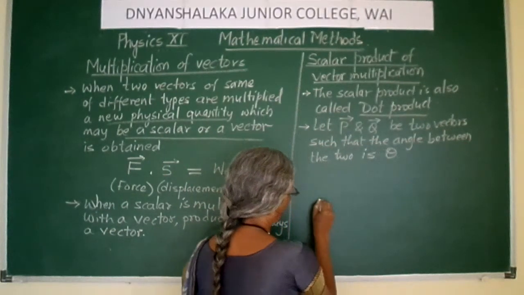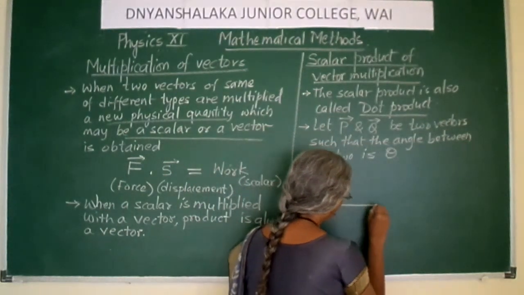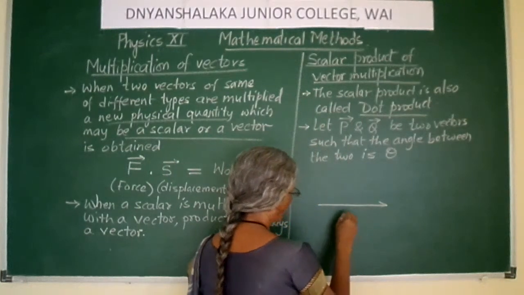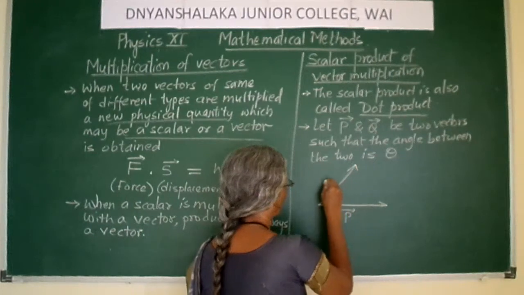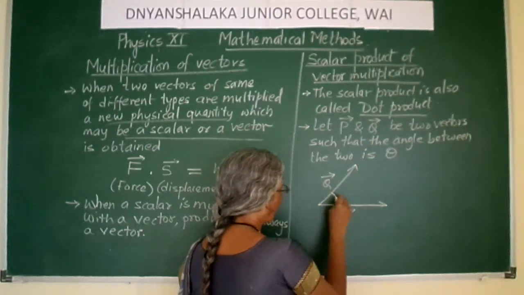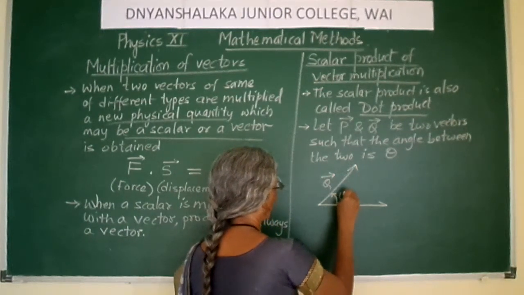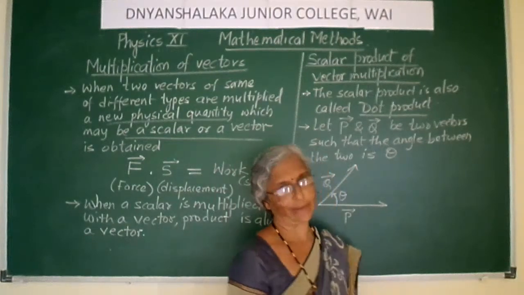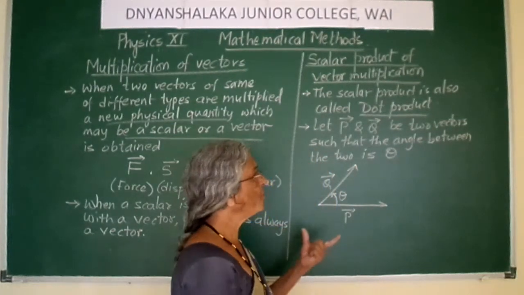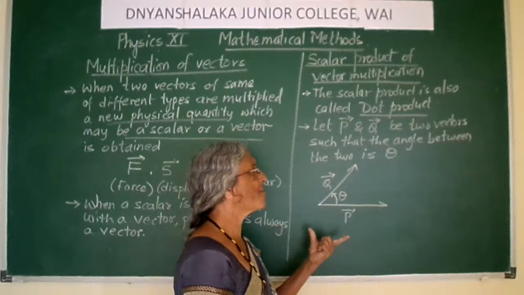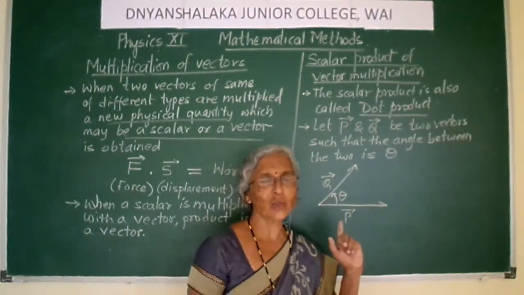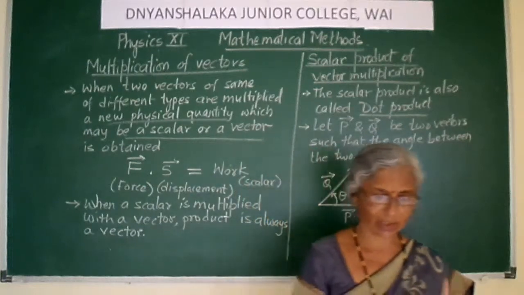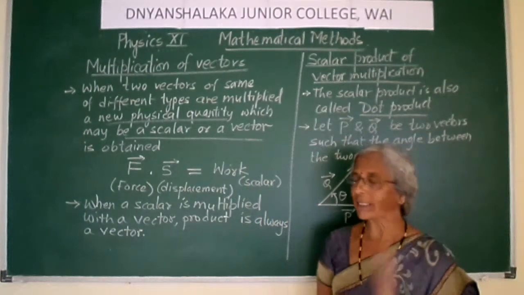So we have two vectors. Let me take this as vector P, and here I have vector Q. And the angle between these two vectors, what have I taken? Theta. Okay, so I have two vectors, vector P and vector Q, such that the angle between them is equal to theta.